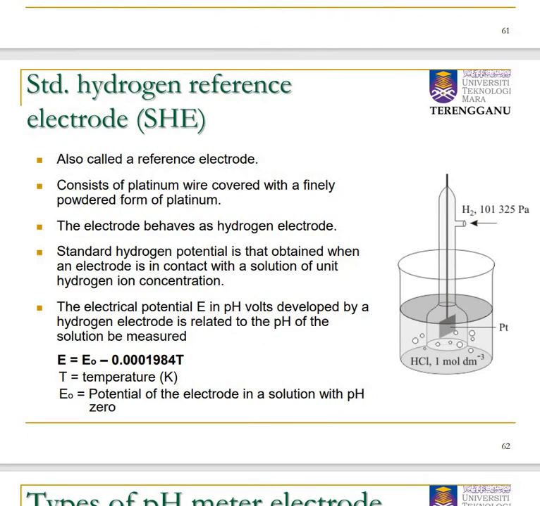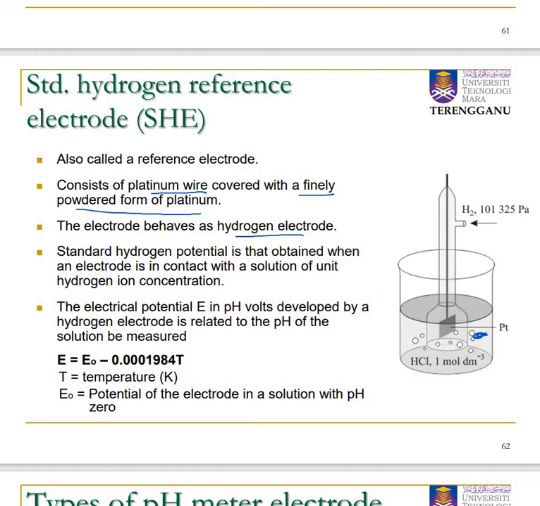So basically, this SHE consists of platinum wire covered with finely powdered platinum. So the electrode behaves as a hydrogen electrode. The standard hydrogen potential is that obtained when the electrode is in contact with a solution inside here.